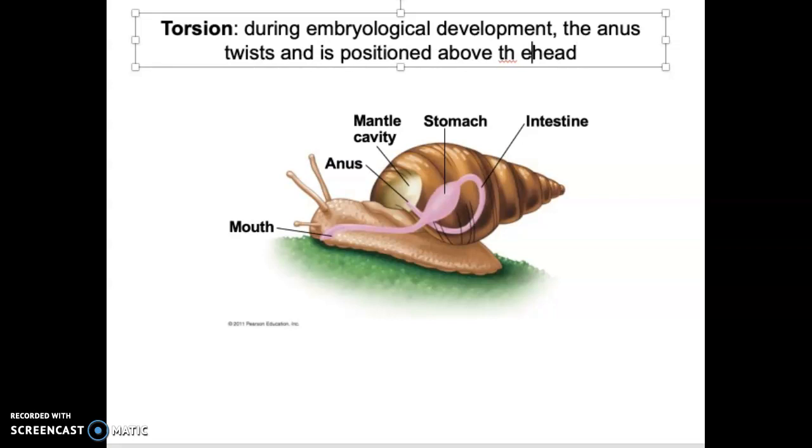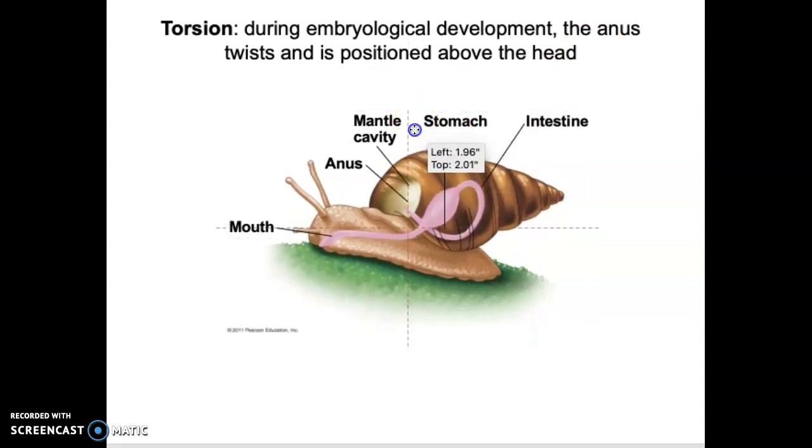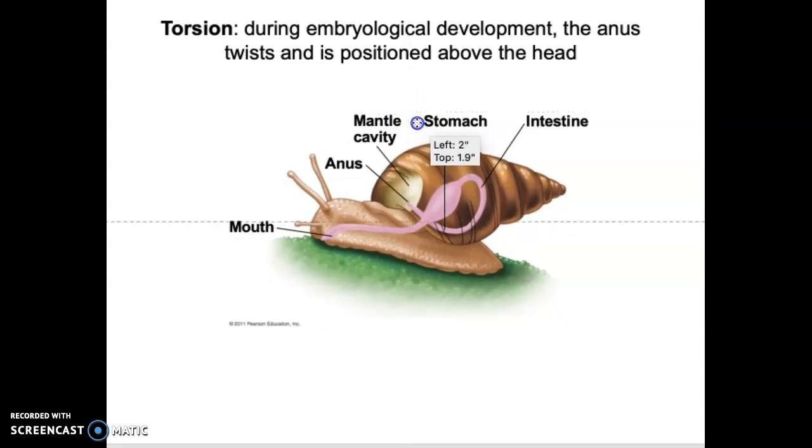So during embryological development, they go through torsion, which means their body twists as part of the development process. Doesn't hurt them, it's just normal development, and it positions the anus above the head, basically above the mouth there. So if you take a look at the picture here, here's the anus.